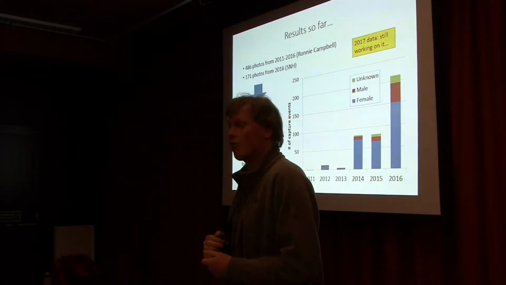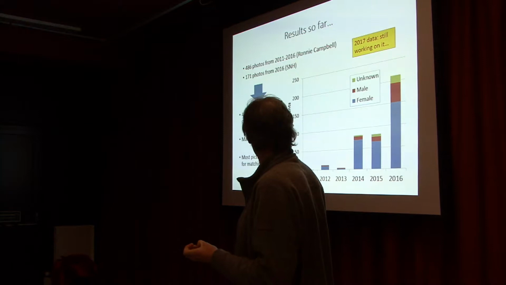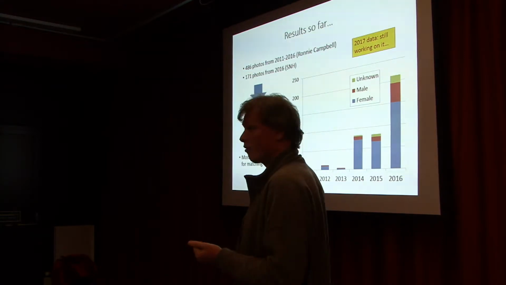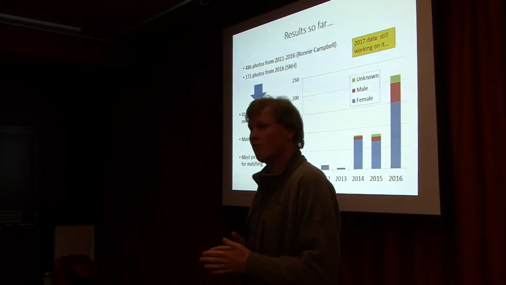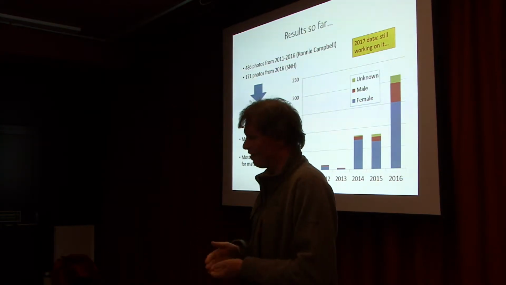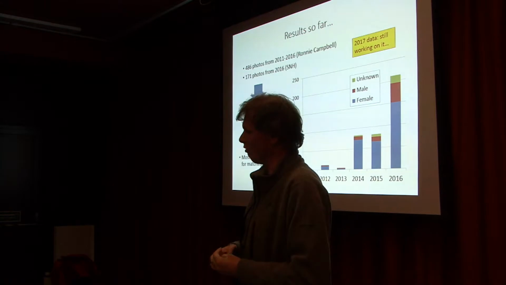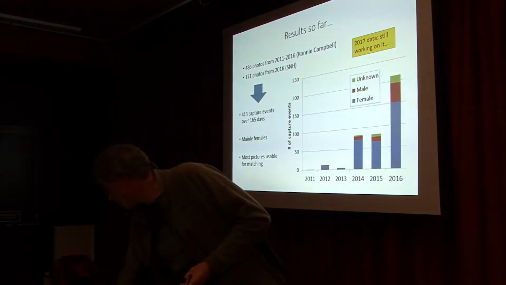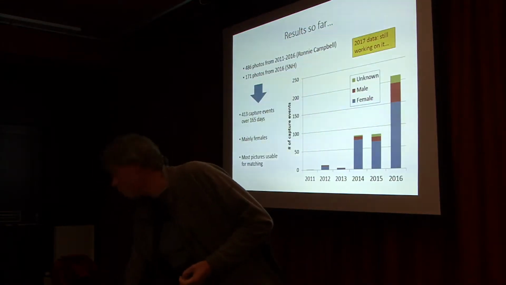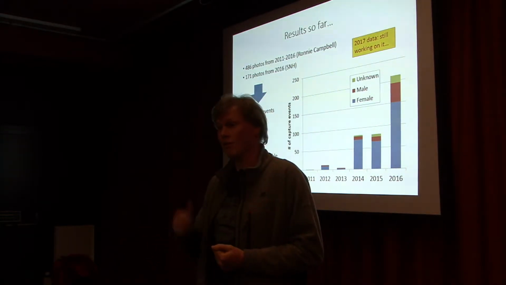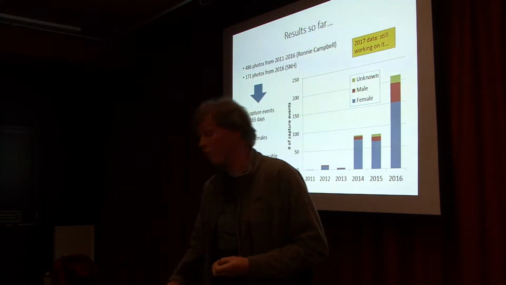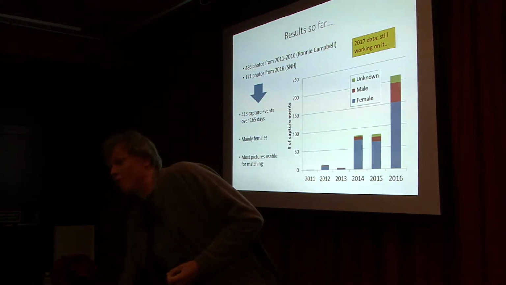Most of the pictures, again no surprise, were of females, and the vast majority were of sufficiently high quality that we could start using them for a matching effort. I should also highlight that the 2017 data are currently being processed, but I don't yet have those results in here. We're just catching up with the backlog.